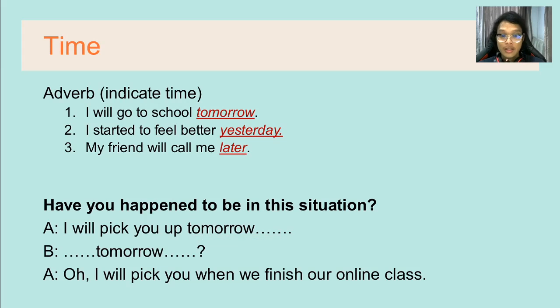You know that whenever tomorrow comes, I will pick you up, right? But you might have a little question in your innocent brain: when is tomorrow? Tomorrow is very vague. Vague means unclear. I don't know anything about tomorrow.